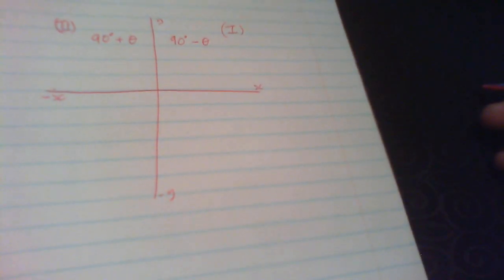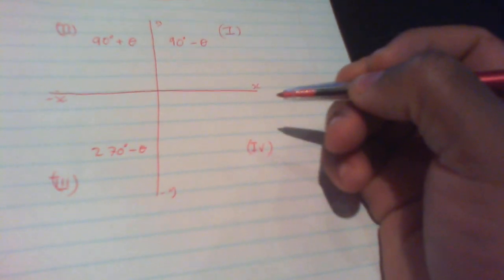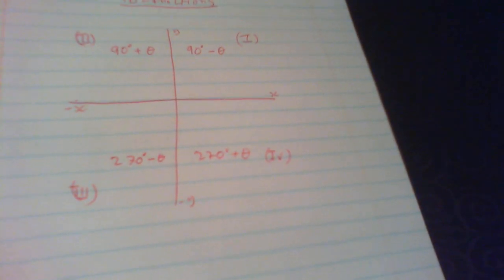In the second quadrant we have 90 degrees plus theta, and in the third quadrant we have 270 degrees minus theta, and in the fourth quadrant we obviously now have 270 degrees plus theta. And those are your co-functions in a very simple nutshell.